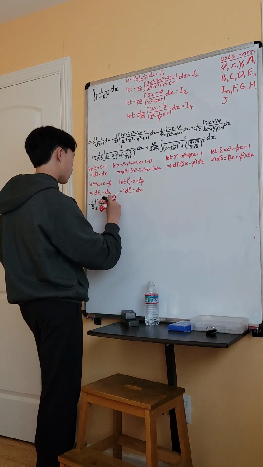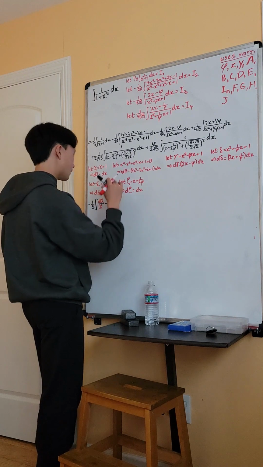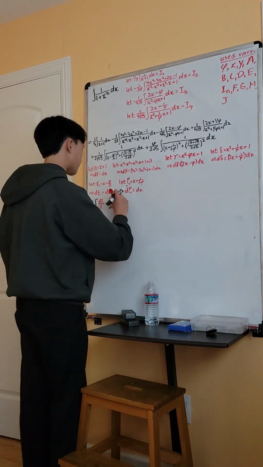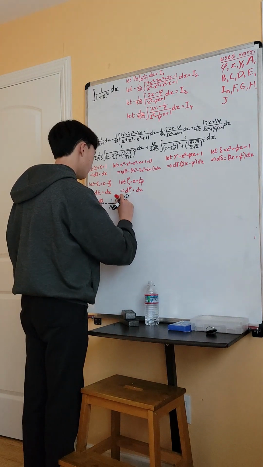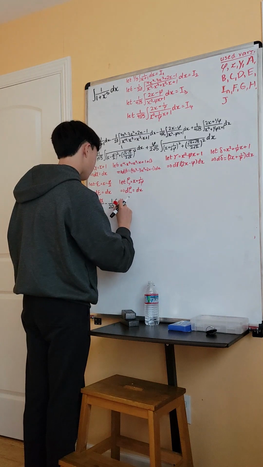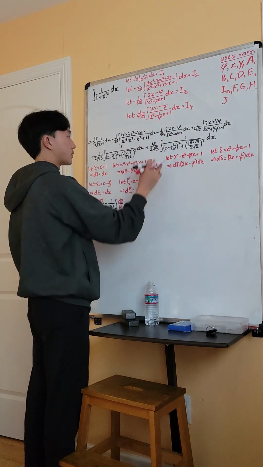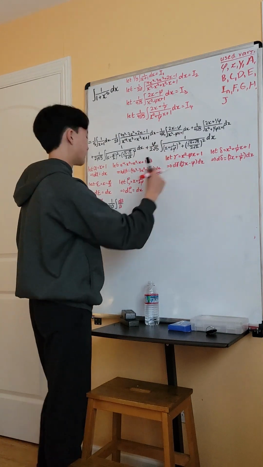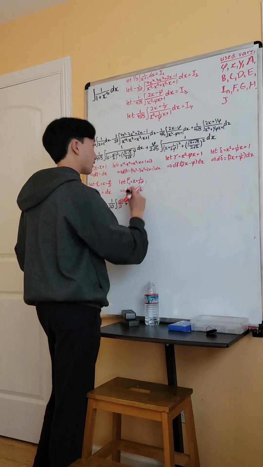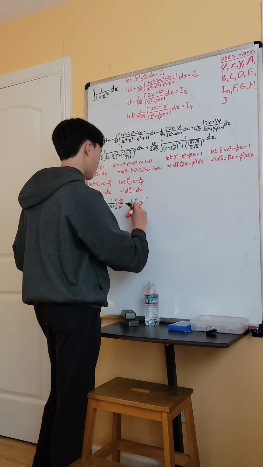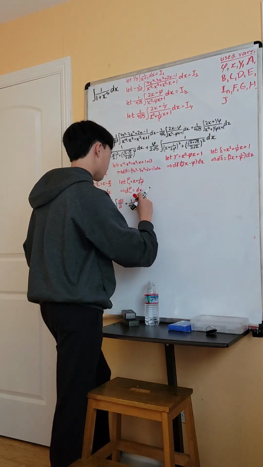Okay, next one is minus 1 over 20 times the integral of d beta over beta, since the top is just d beta and the bottom is just beta. And then this one right here. So gamma, right, the bottom is gamma, the top is just d gamma, and the coefficient is 1 over 4 root 5. So we get d gamma over gamma.